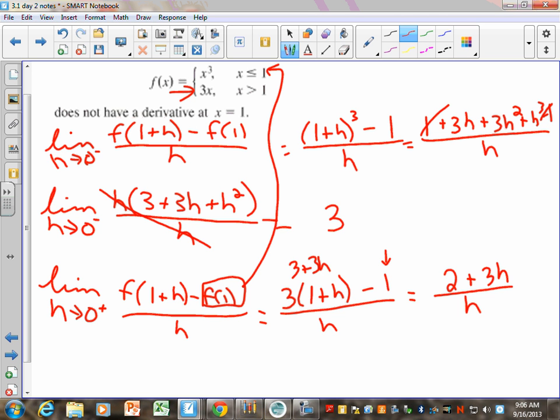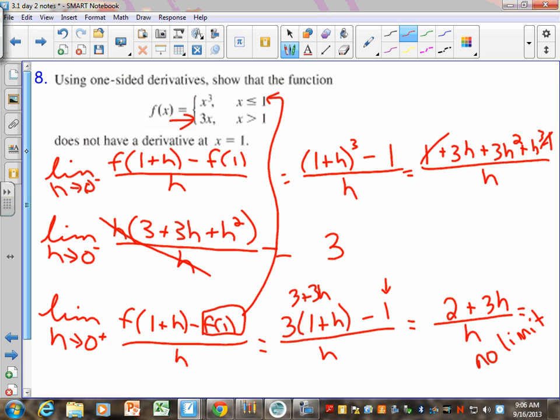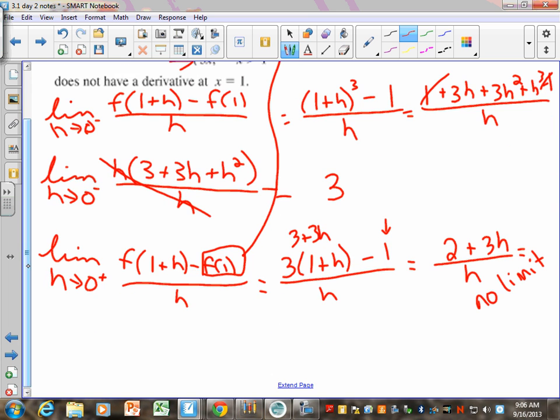But basically, if you get something that doesn't work out nice, like it definitely doesn't equal 3, we can just say there's no limit because this side didn't work out so nicely. And so I think the directions here say show that the function does not have a derivative at x equals 1.